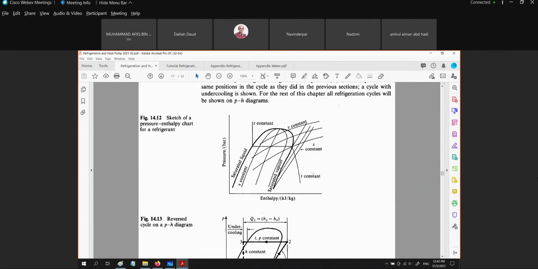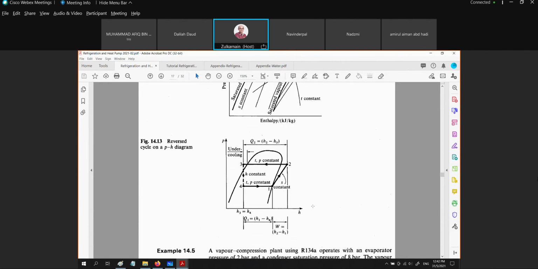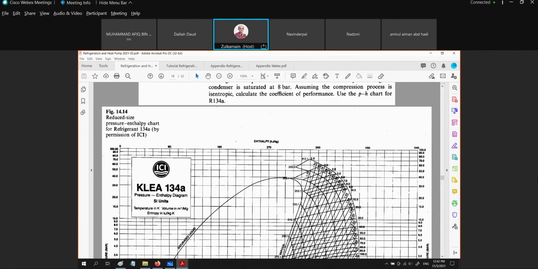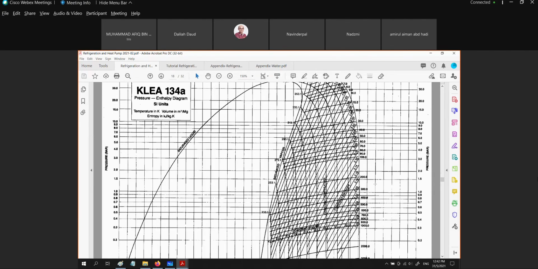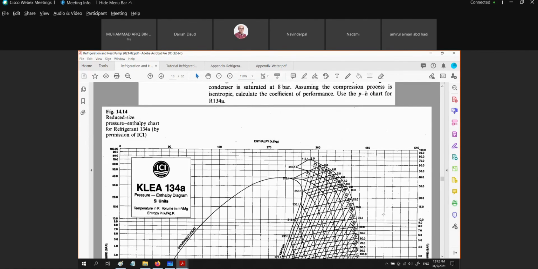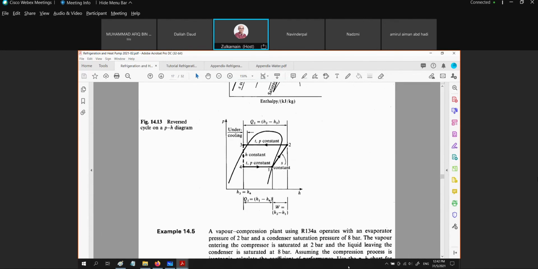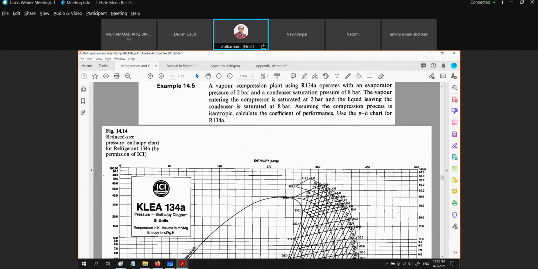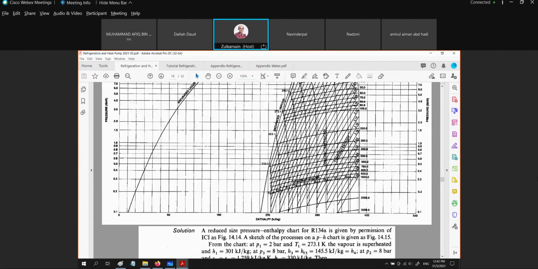This I have explained before. This is our pH diagram. This is the pH chart.